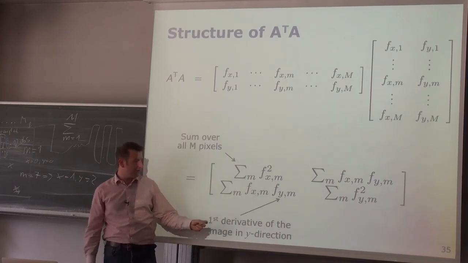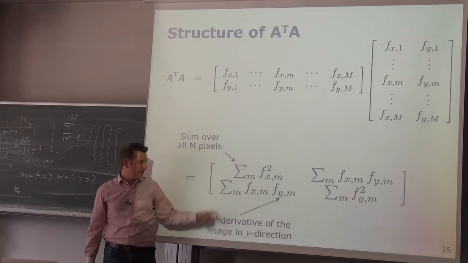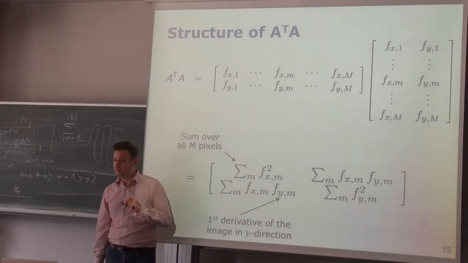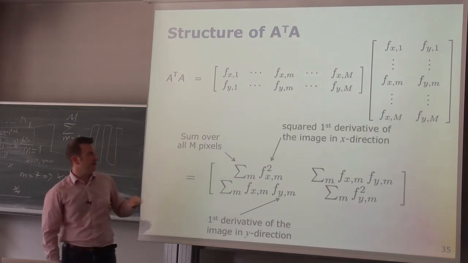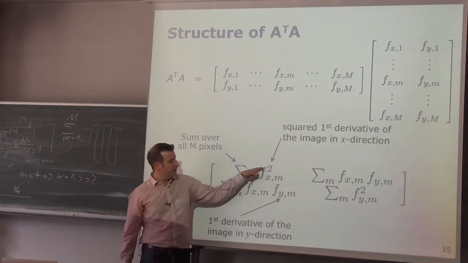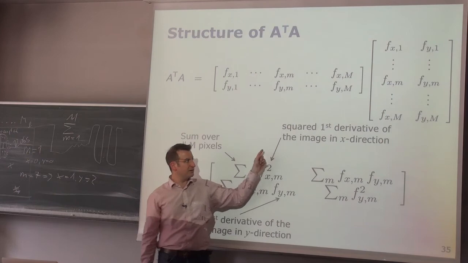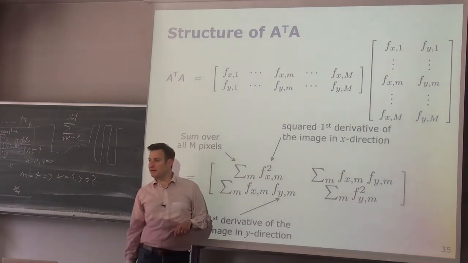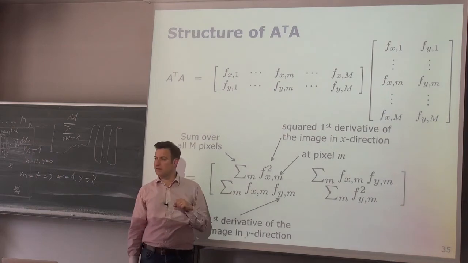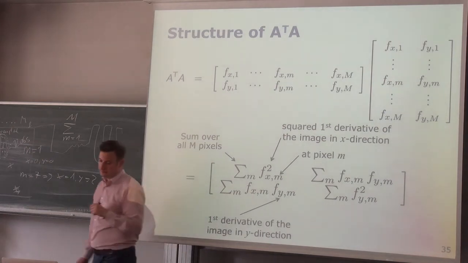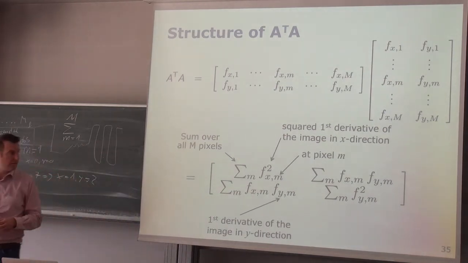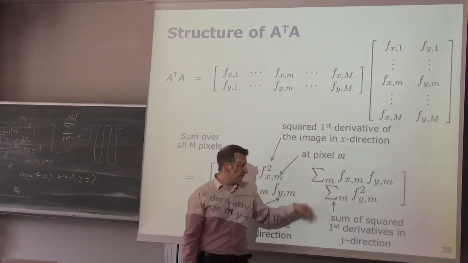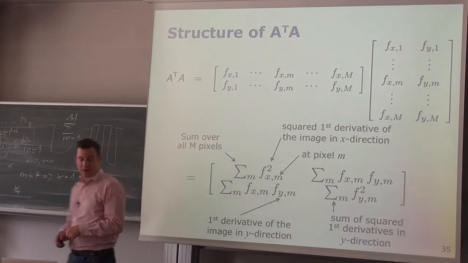The first derivative of my image function in the y direction for the pixel m. Again here, this is the squared first derivative of my image function in the x direction evaluated at the pixel m. And again, here, the sum of the squared first derivatives in the y direction.